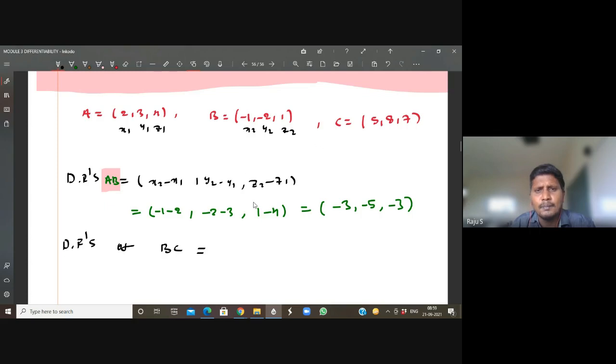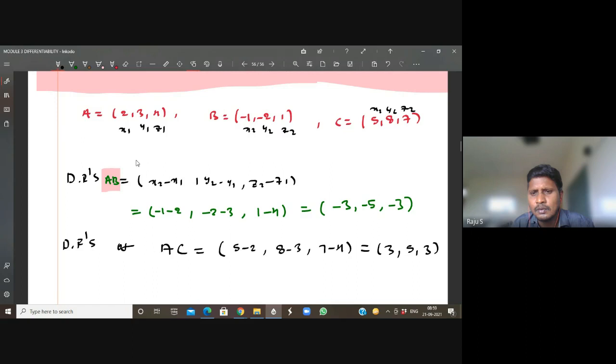Instead of BC, I want to take AC, because A we already considered as x1, y1, z1, and this I want to take as x2, y2, z2. Then again x2 minus x1, that is 5 minus 2, 8 minus 3 and 7 minus 4. So what about the point here? 3, 5, 3. Okay, what do you observe here?